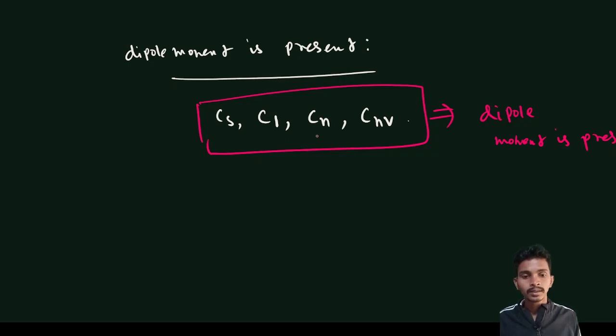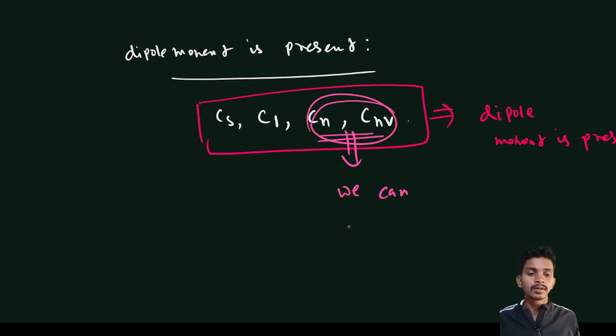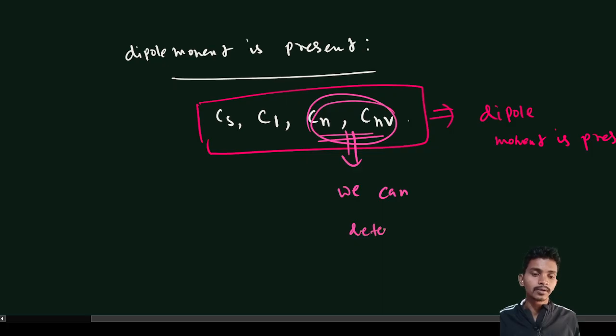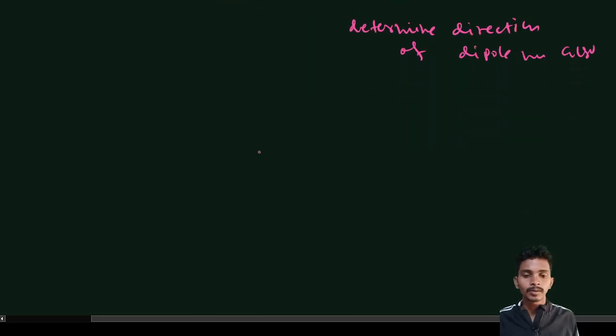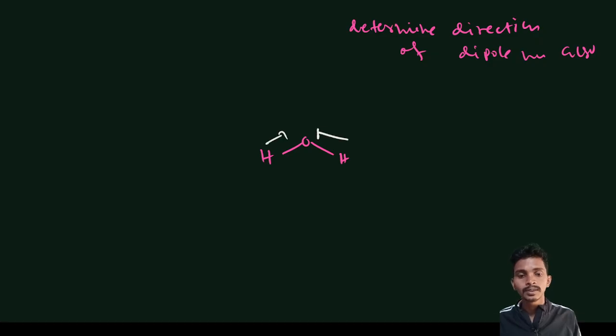And for these molecules we can determine the directions of dipole moment also. Let's say if I talk about water, its bond dipole moments are here, so the equivalent dipole moment is here.